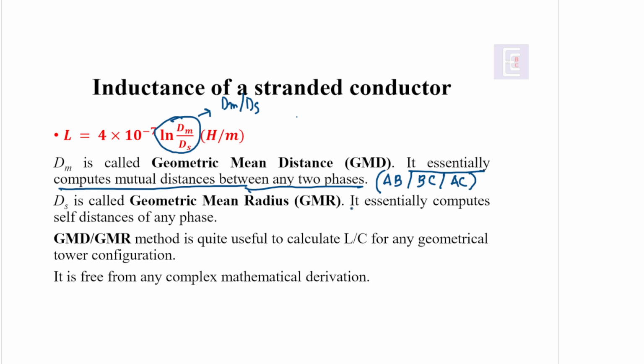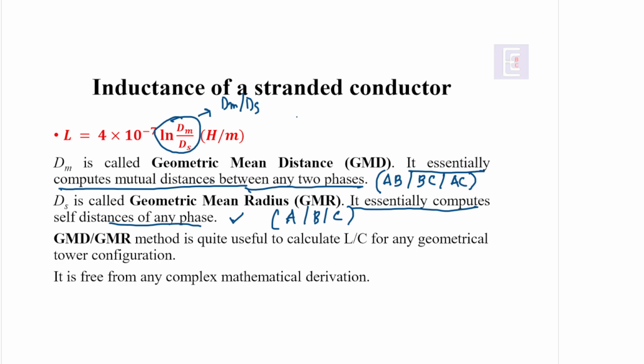What is ds? What is the role of this ds? It essentially computes the self distance of any phase. What do you mean by that? It computes the distance of A or B or C. As this term is mutual, mutual means between any two objects.